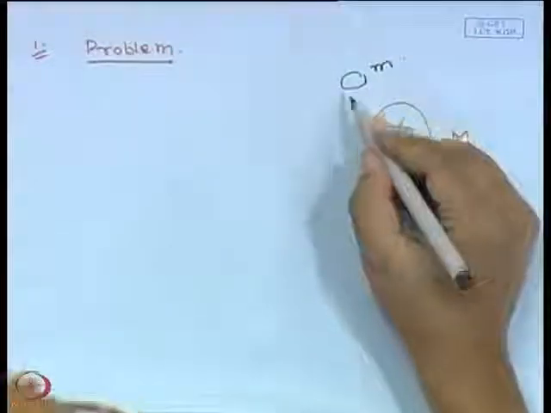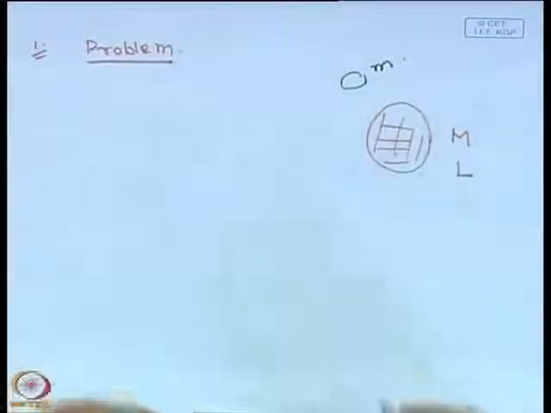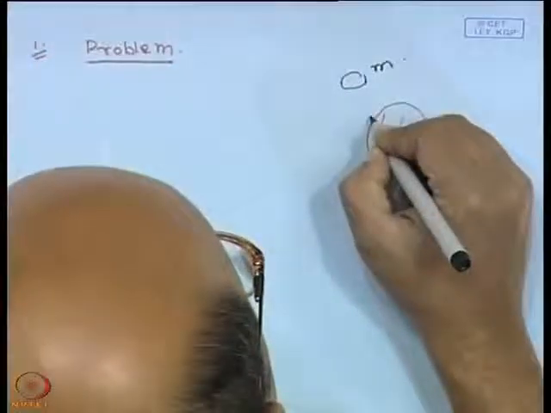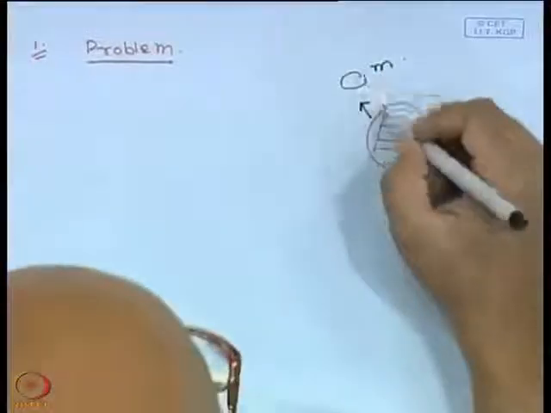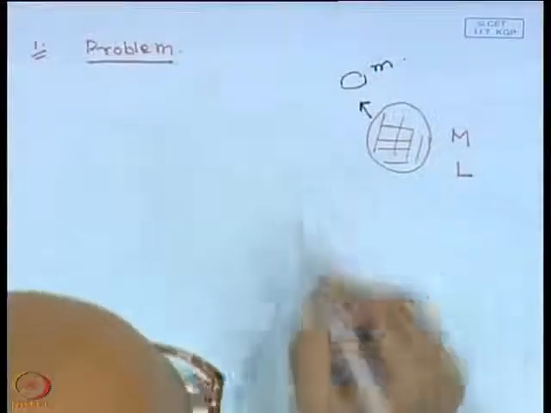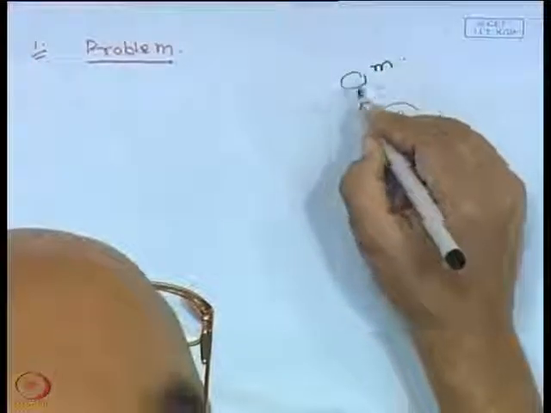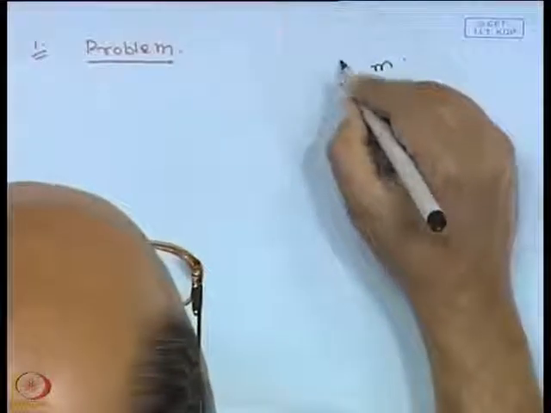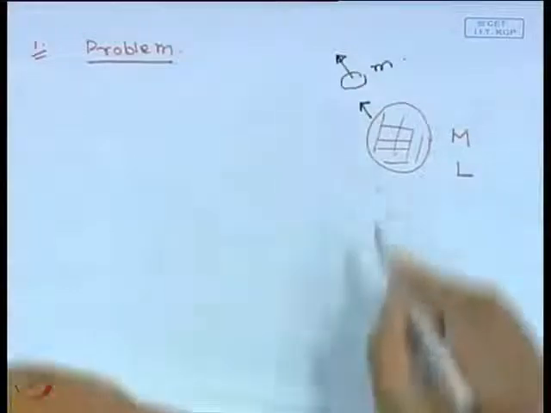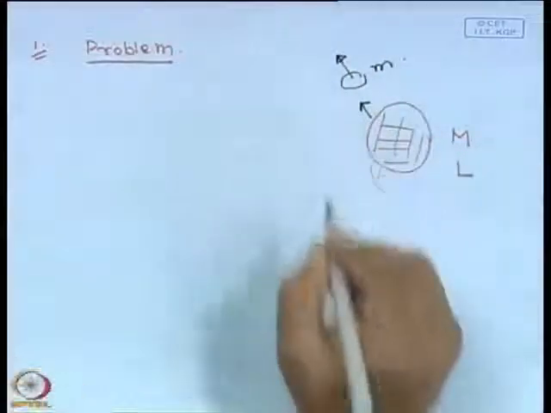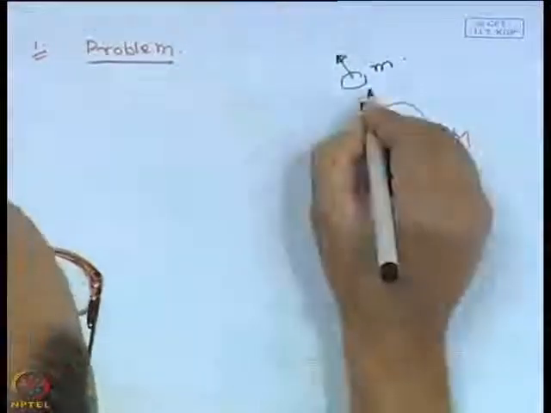There is a gas cloud over here, and we would like to determine the condition that the radiation force due to the light coming out from this source is sufficient to eject it. We want the gas cloud to be ejected. So, we would like to calculate the condition that the radiation force is adequate to eject this gas cloud.